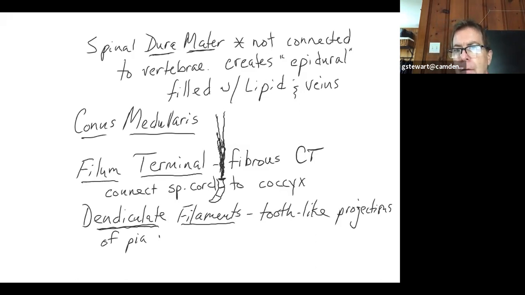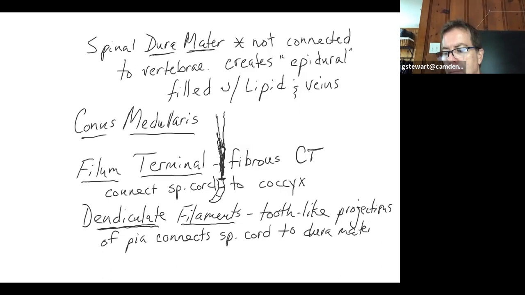And it connects the spinal cord to the dura mater. All the way down the length of the spinal cord. So all the way down from superior to inferior end.